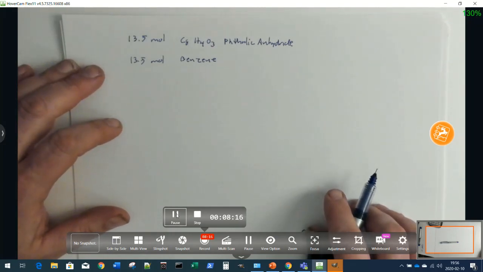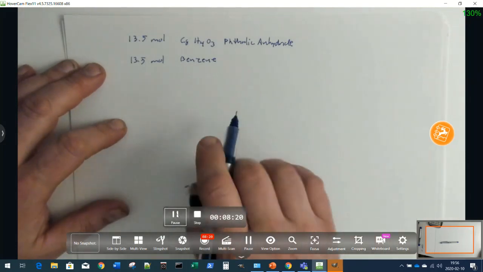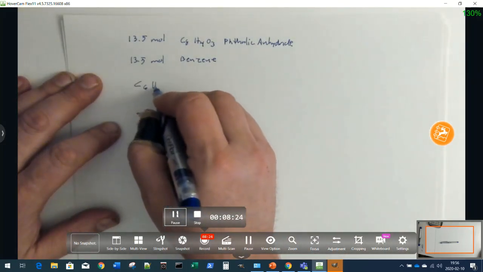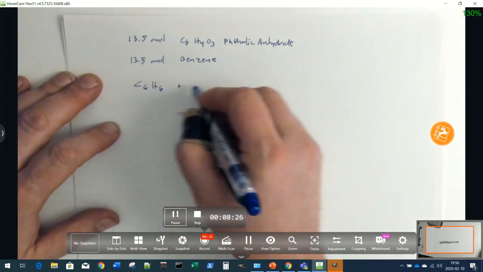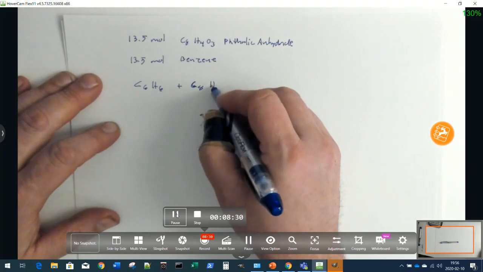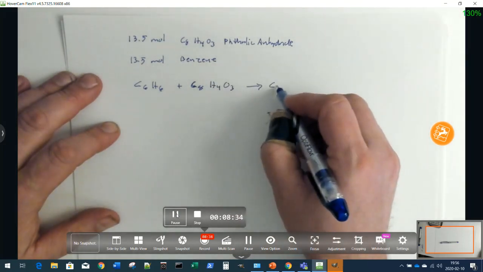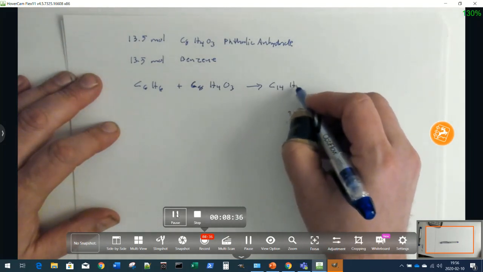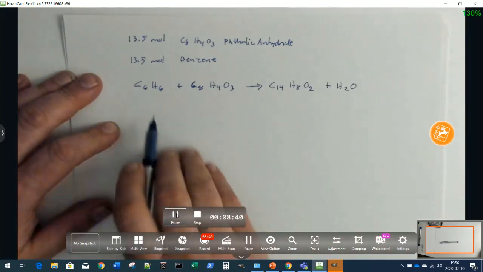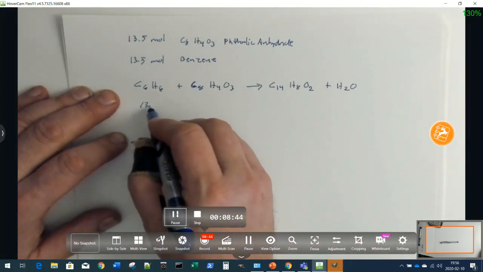So now the question is how much anthraquinone did we make with these two things? Since the balanced chemical reaction C6H6, I'll remind you again, I know it gets a little bit repetitive, we'll just write it again so that we can see it clearly here. C14H8O2 plus H2O. The ratio is 1 to 1 to 1 to 1.